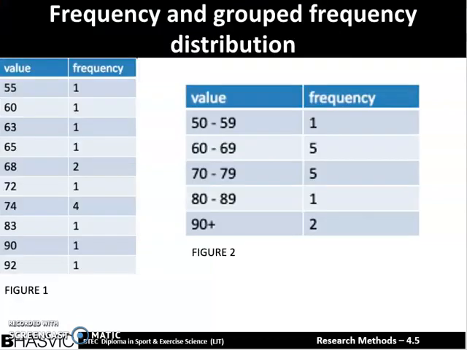Frequency is another way of organizing your data, as well as grouped frequency distribution. Frequency shows how much of one thing occurs. According to Lavrakis 2008, it is a list of either qualitative or quantitative values that a variable takes in a dataset and the associated number of times each value occurs.